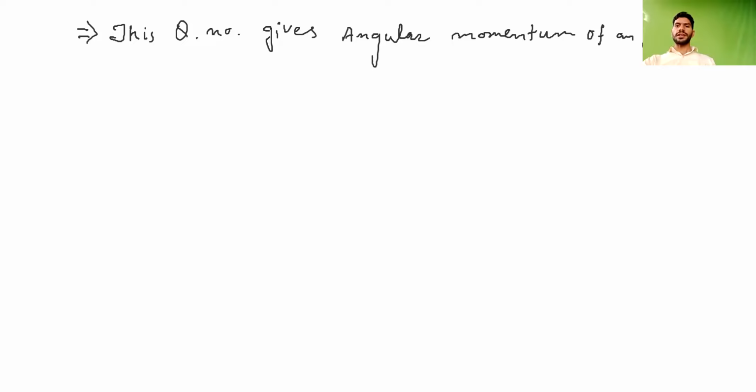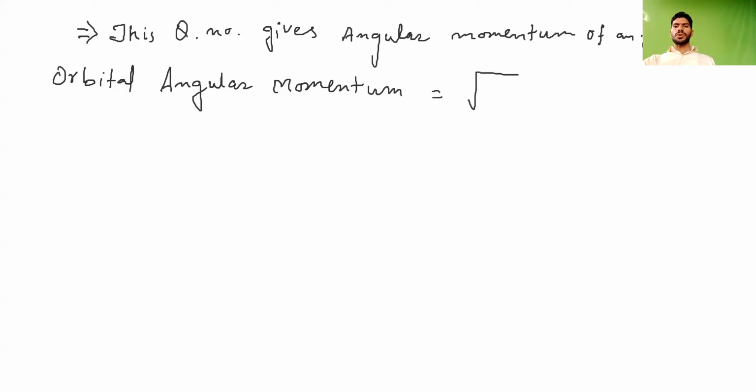So how do we calculate the angular momentum of an electron? It is actually known as orbital angular momentum, and it is calculated by the formula: under root of l into (l plus 1), into h upon 2 pi.